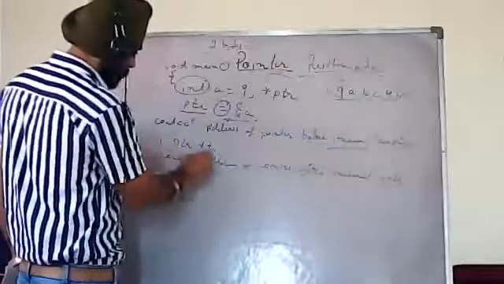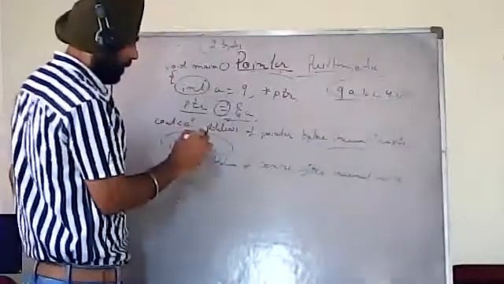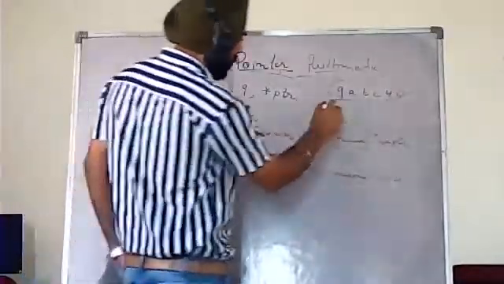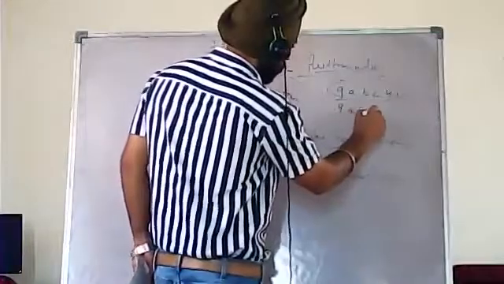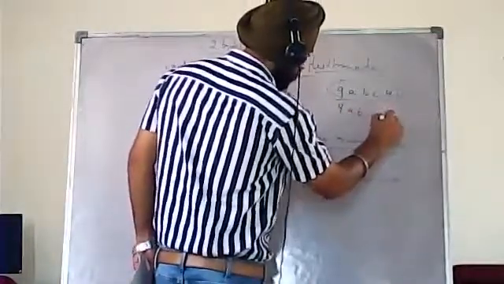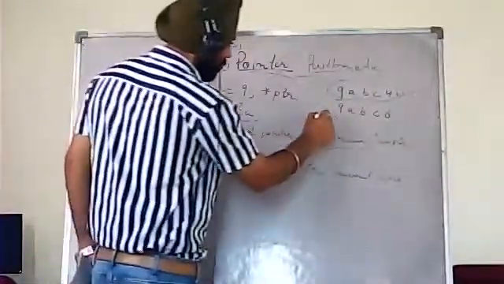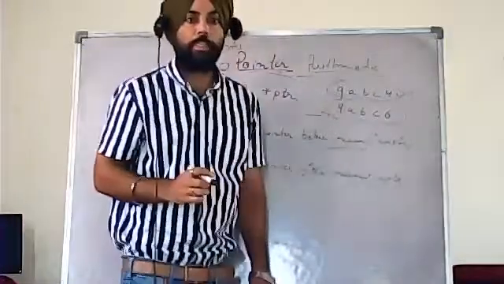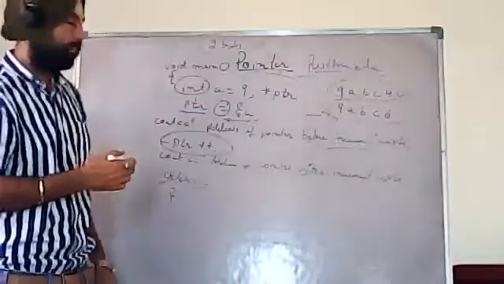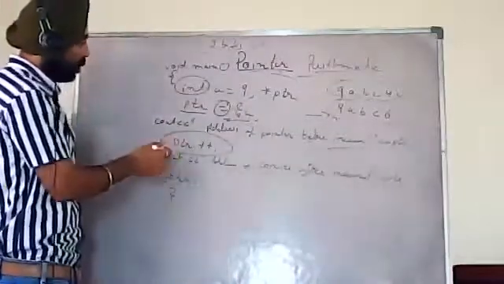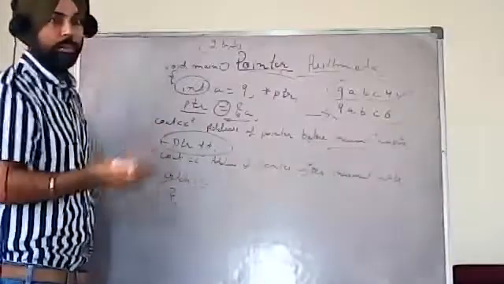Then after increment, the address of the pointer will be 9abc6. So after increment, it will show this address. So this is a way to use your increment operator as well.